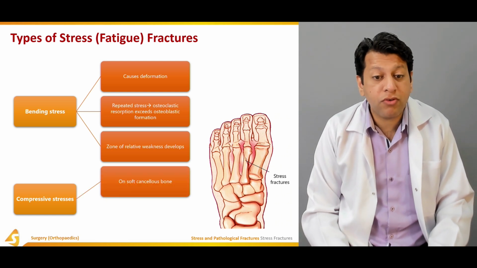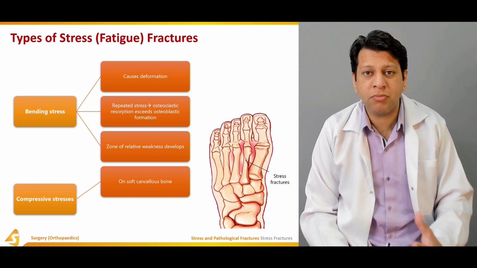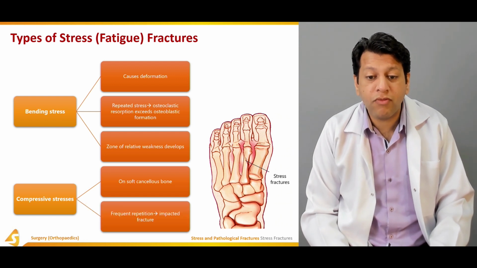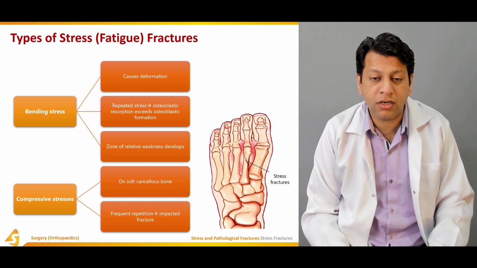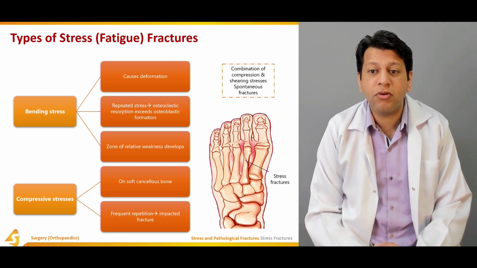Coming to the compressive stresses, these usually occur on soft cancellous bone, for example the calcaneum, around the areas where cancellous bone is present, and with frequent repetition an impacted fracture can be appreciated. Sometimes the stress fracture could be a combination of both types.